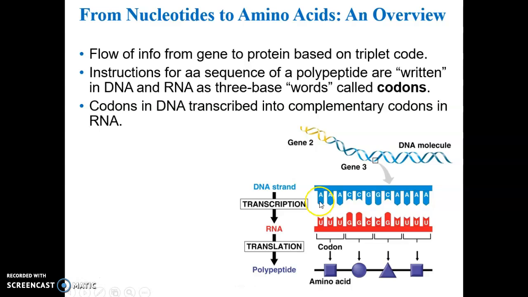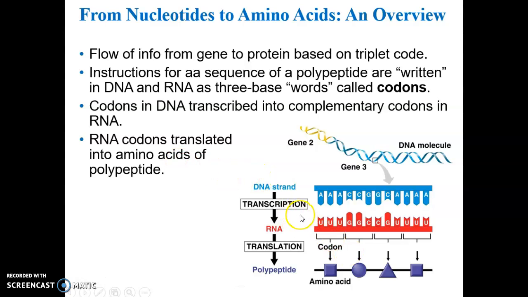So every A base becomes a U base in RNA, but notice the C base still becomes a G, and the G base still becomes a C, and if there was a T base over here, it would become an A. But RNA has the 4 bases of U, G, C, and A, whereas the bases of DNA are A, C, G, and T. They just don't happen to have any T's in this little sequence here.